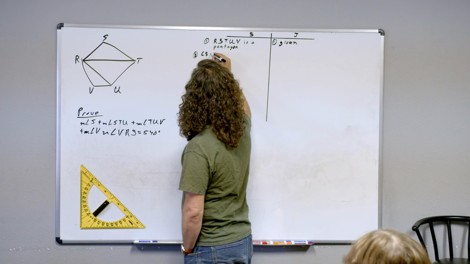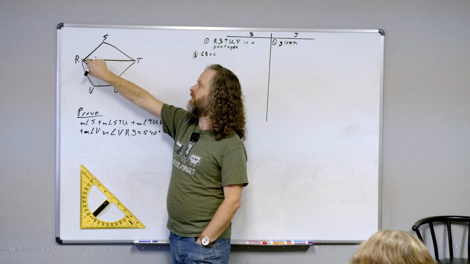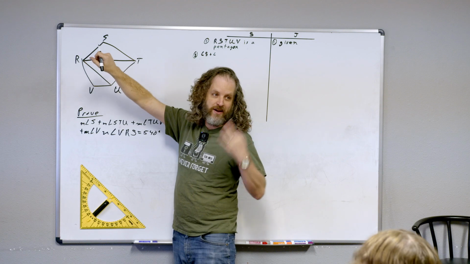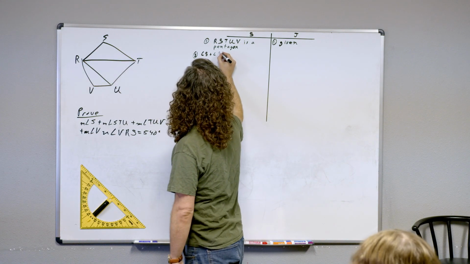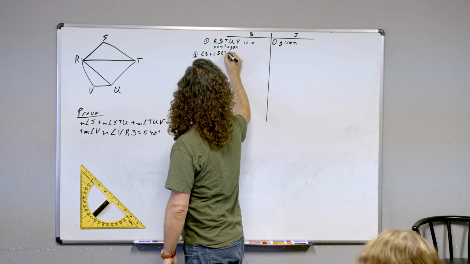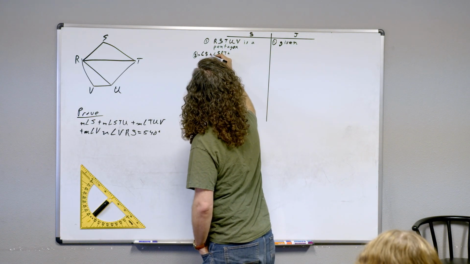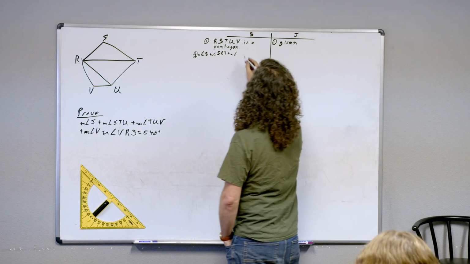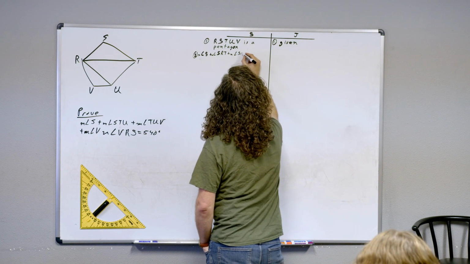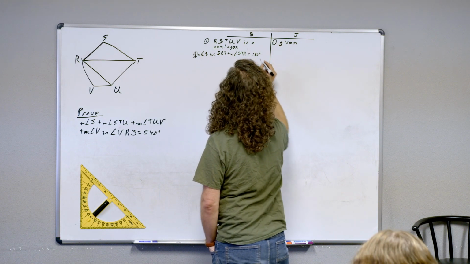So angle S plus angle, what do we need to call this one? We can't just call that R, right? There's three angles at R. TRS. Yeah, TRS or SRT, either one. SRT plus, you should all say measure, right? Measure of angle STR equals 180, right?